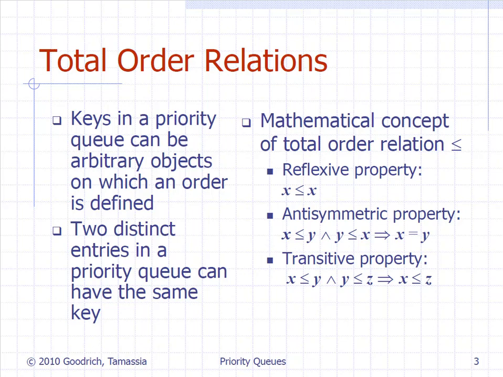So let's talk a bit more about the key values that are associated with the objects. The keys in a priority queue can be arbitrary objects. They themselves can be objects in which an order is defined. So if they are objects, we need to define some kind of ordering that allows us to compare these keys.